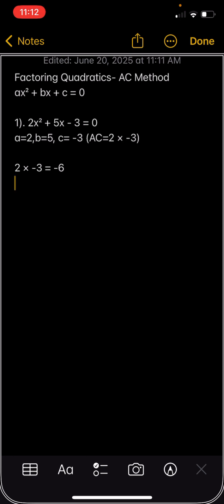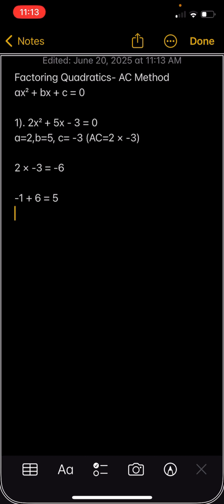5x, as 2 terms. So let's play around with the factors of negative 6. We can get 1 times 6, which gives us a positive 6. If we make either 1 or 6 negative, we will get a negative 6. But what if we want to get a positive 5 from that 1 and that 6? What we will have to do is add a negative 1 to a positive 6, and that will give us a positive 5.